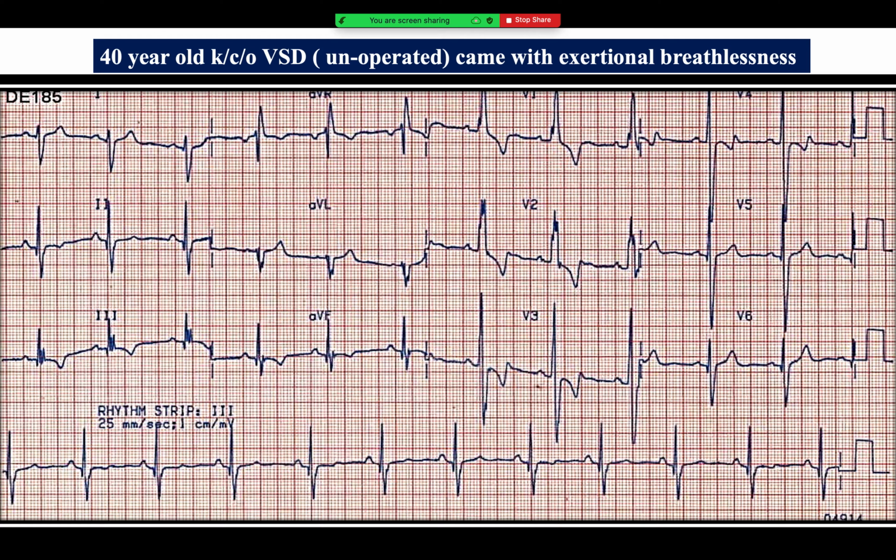And as we already noticed, there is monophasic R wave in the V1 and, especially if we look in the V6, there is reduced amplitude of S in the V6. So what does it mean? This is VSD with Eisenmenger, right?